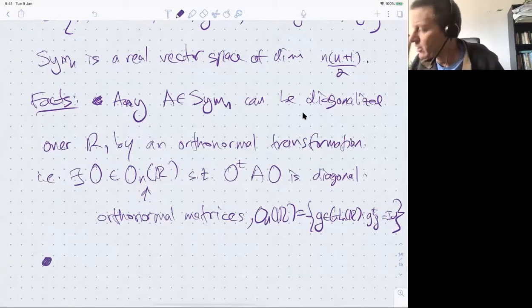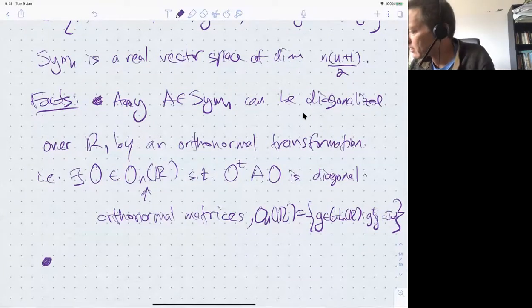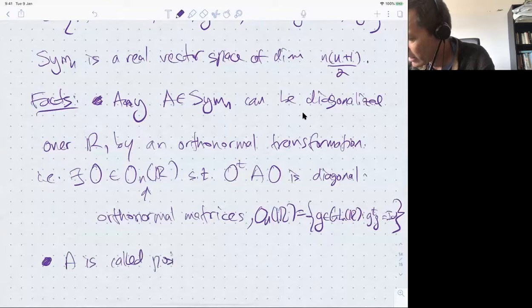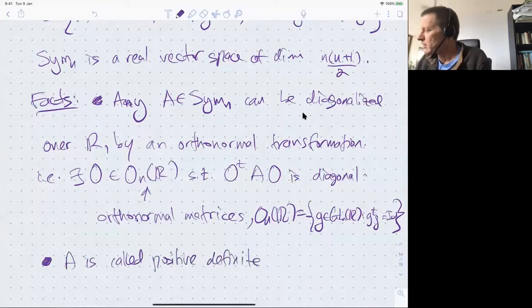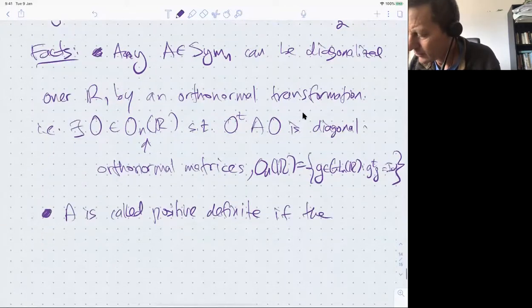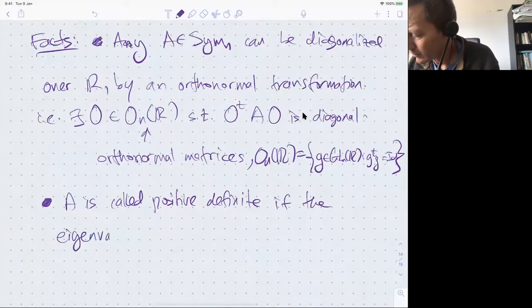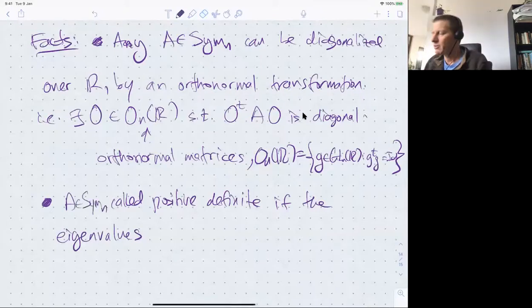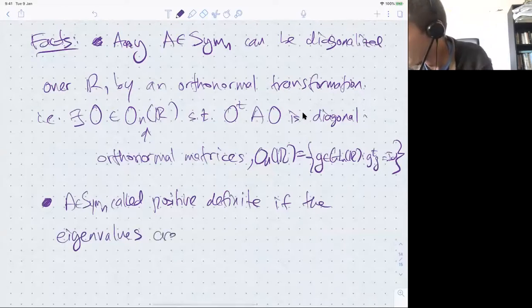Another important thing is that a symmetric matrix A is called positive definite if the eigenvalues are positive.